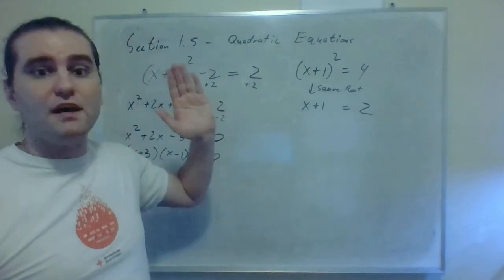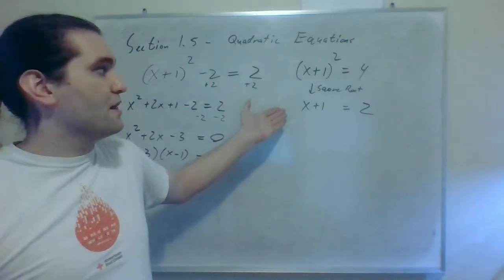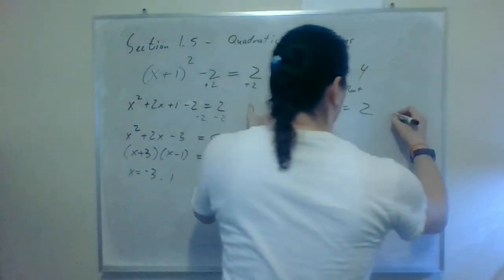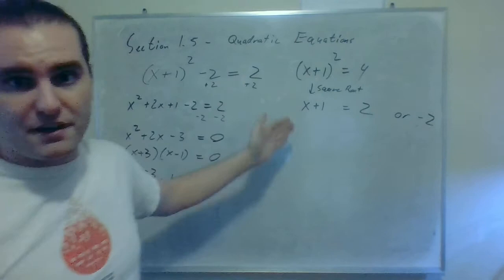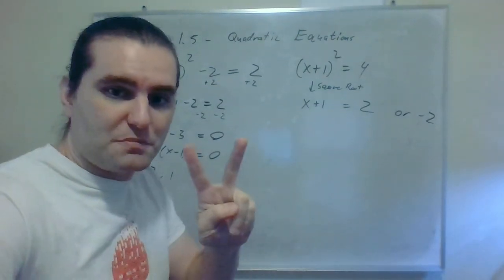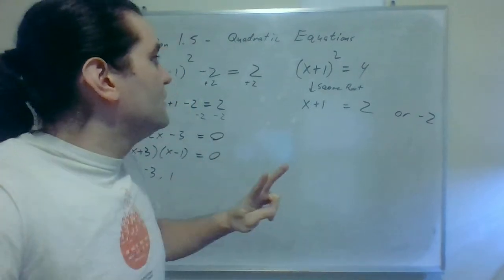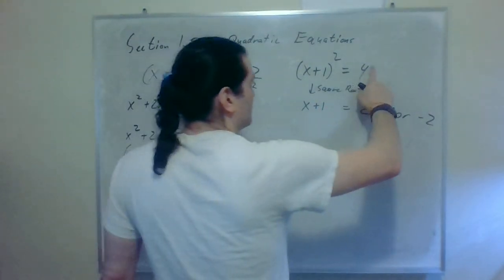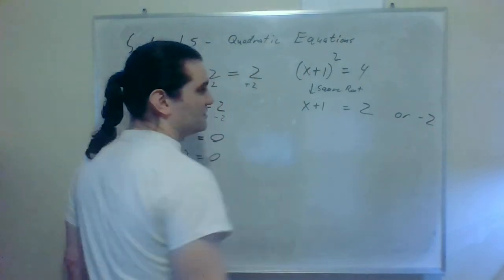And they'll be done, and they will be wrong. The problem with the square root technique is that it's very easy to forget that when you square root things, you should expect 2 possible outcomes. So this is going to turn into a 2, or maybe it's going to turn into a negative 2.